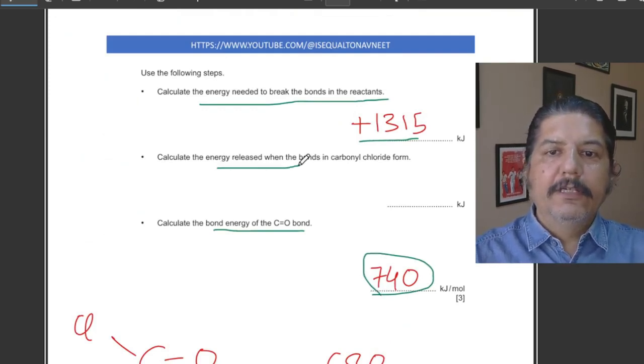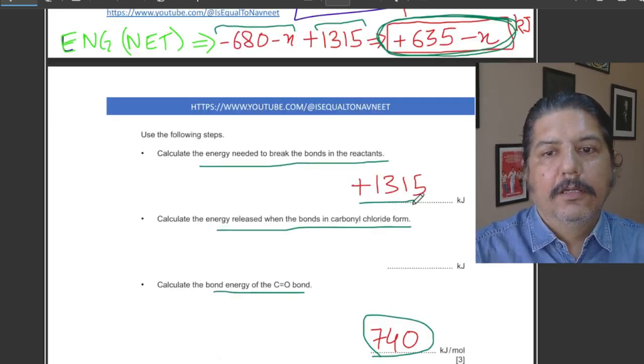And finally, what is the energy released when bonds in carbonyl chloride are formed?